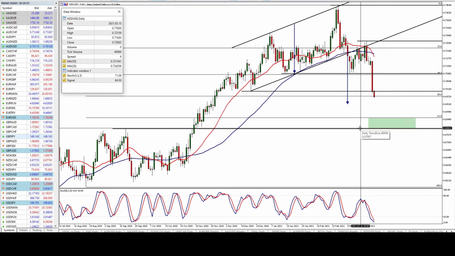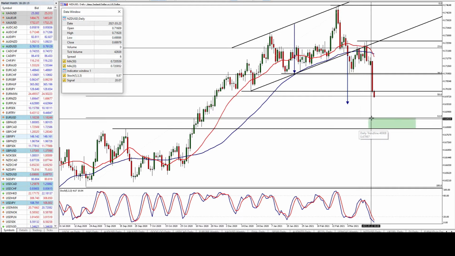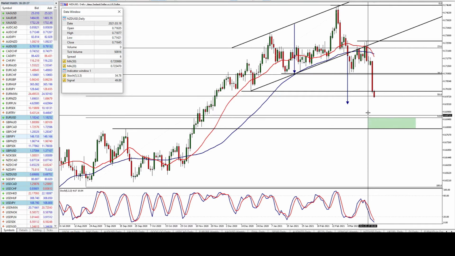We obviously don't make any promises, but the market doesn't really have any good support before this. So that increases the probabilities of the market moving to about 68 even, or say 68 even to 68.60.